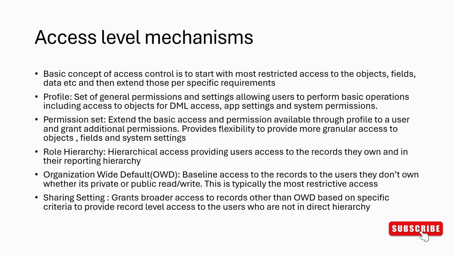But in case we want to provide broader access to those opportunity records, we will do that via sharing setting. So it works over and above OWD. We can define a sharing setting which says opportunity owned by such and such role or such and such user can be shared with such and such user, such and such role or such and such public group.